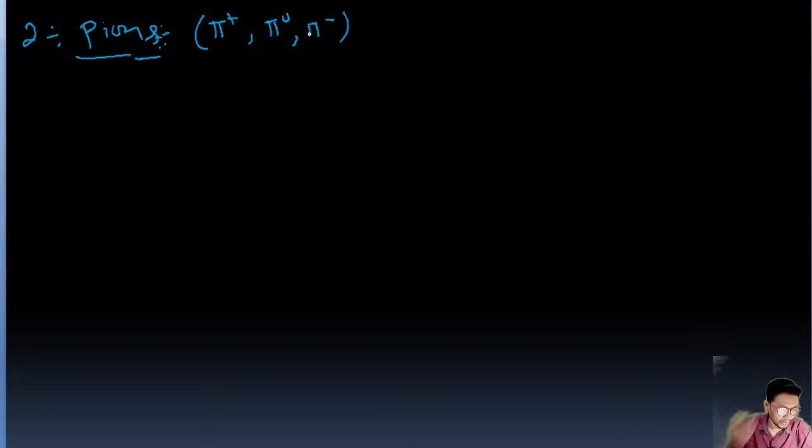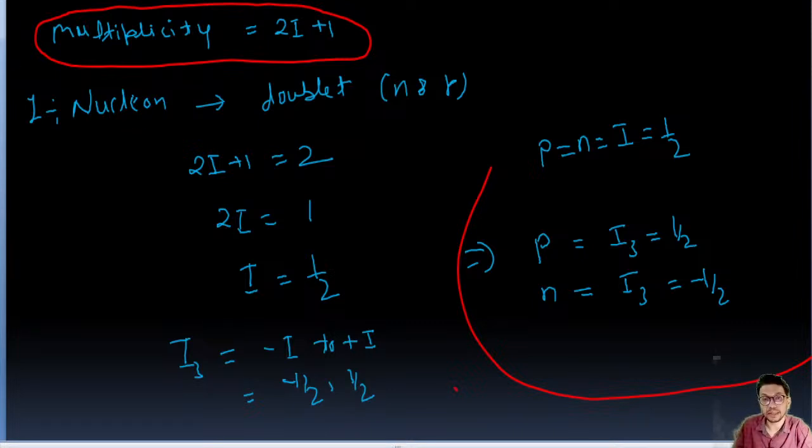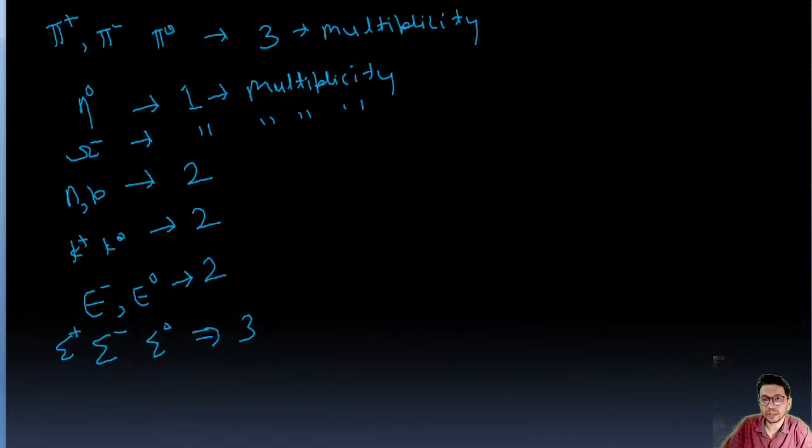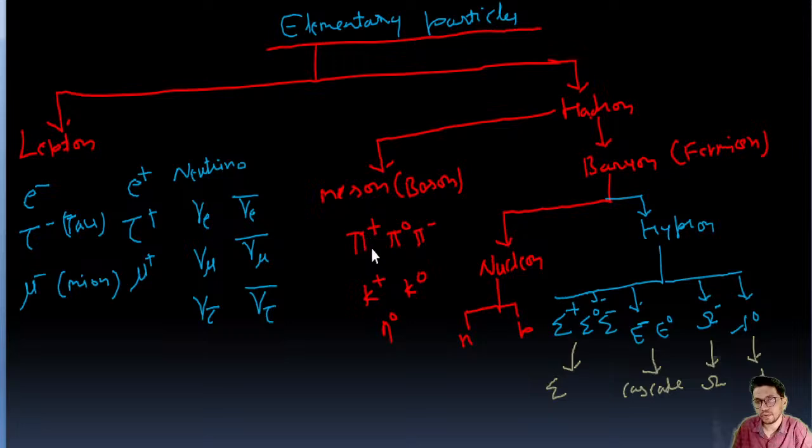Pion has three particles: pi plus, pi naught, and pi minus. So pion is a triplet, like the nucleon is a doublet with two particles. Similarly, in the pion category there are three particles. I'm showing you this chart again and again because it's important. Pion, 3.